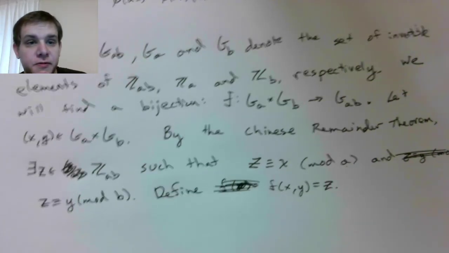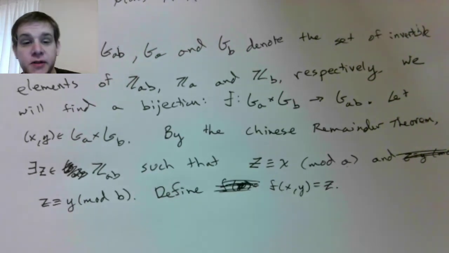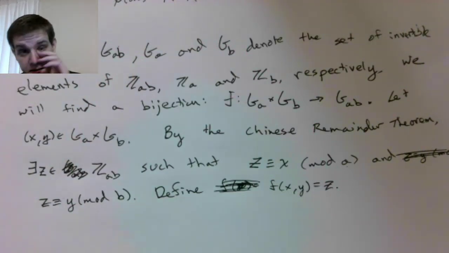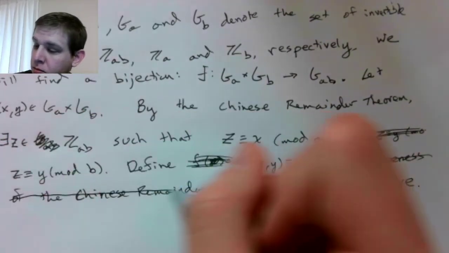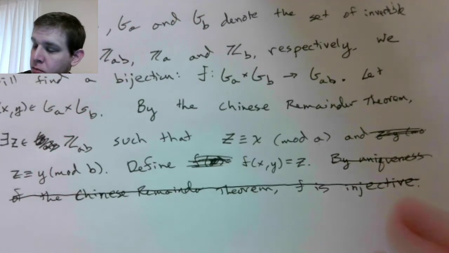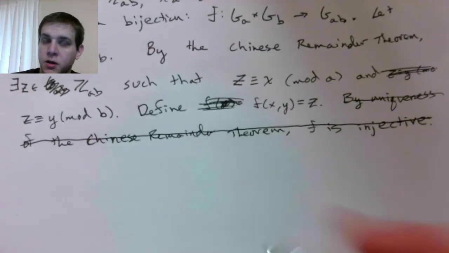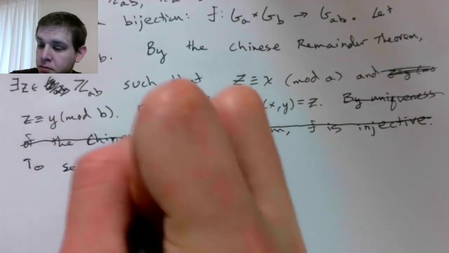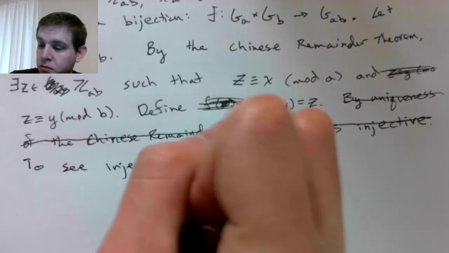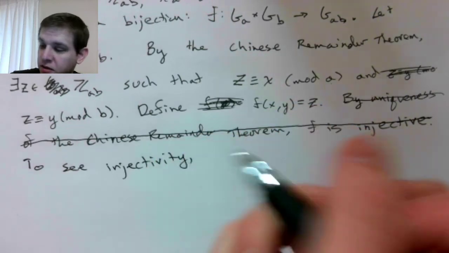So what do I need to prove? To finish the proof, I need to prove that this function is injective and surjective. So notice that to see injectivity, it's even more basic.